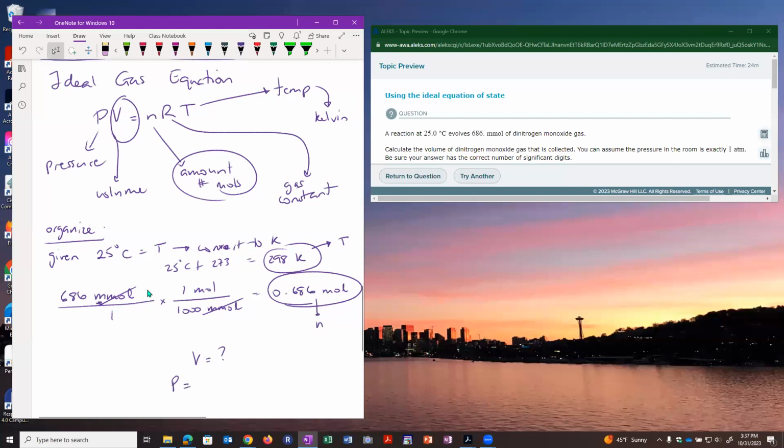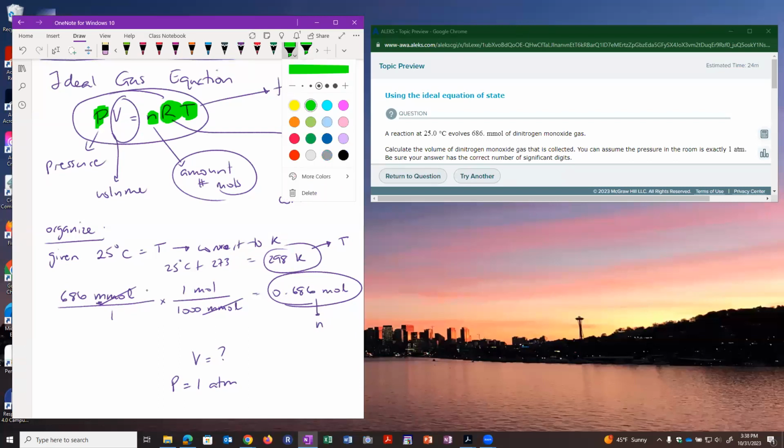So P is equal to 1 atm. So in our ideal gas equation, we're given pressure, we're given the amount n, we're given the temperature T, R is a constant, so we're always given what that is. So we need to solve this equation for the one unknown, which is going to be our volume.